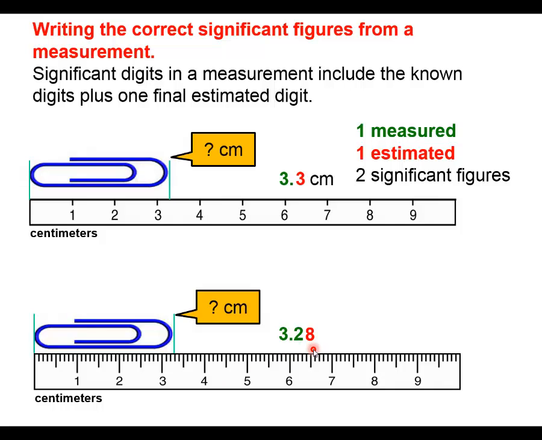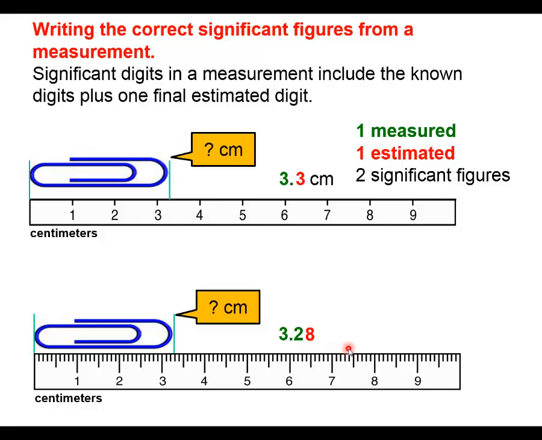Some of you might have said 3.27 or 3.26, or some of you might have said 3.29. Okay, so if you were off by a couple of places in that estimated value, we still consider them just as valid because there's a little bit of uncertainty in that last significant figure. Now, there'd be too much uncertainty if we went beyond millimeters with the markings on here for there to be any meaning, so I wouldn't write any more digits down as being significant.